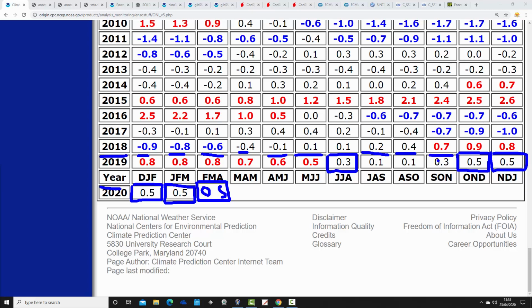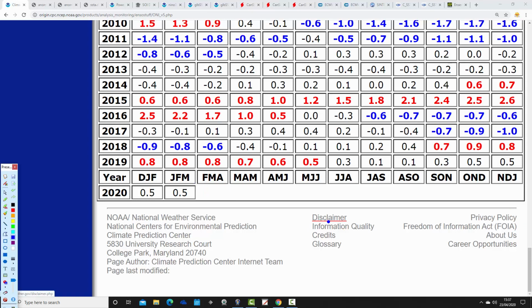If we get one more tri-monthly period at 0.5 degrees above average placed in this box, then the numbers will go red, and it will be just about the weakest possible El Nino, the absolute weakest El Nino that is possible to get. With all of those 5 tri-monthly periods coming out half a degree above average, just scraping that minimum requirement to get an El Nino threshold.